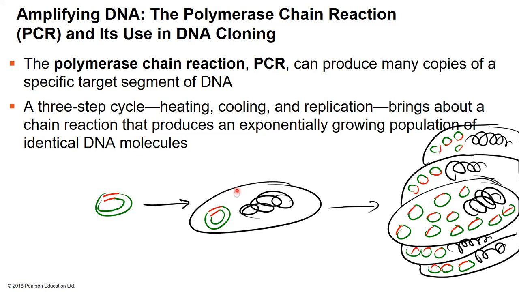DNA cloning could be used for the same purpose, but PCR is a much easier and quicker way of making copies of a specific DNA segment or specific DNA sequence. Now, from its name, this technique involves the use of the enzyme polymerase. So we could say that this is DNA replication in a test tube.